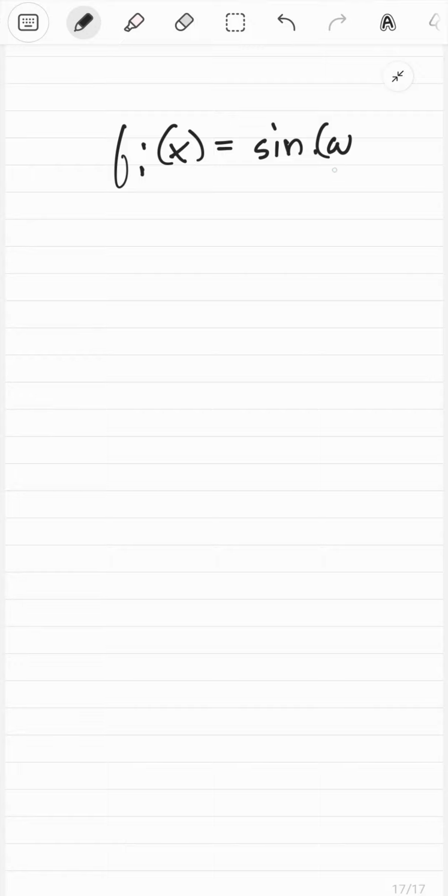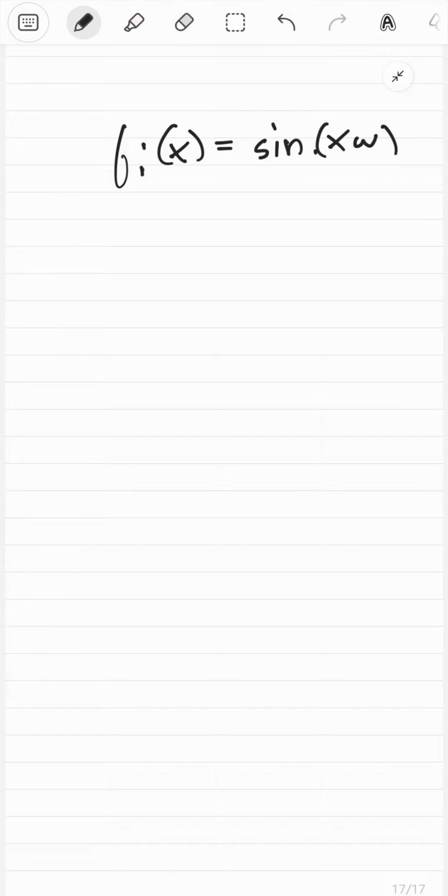If it is a single variable input, it's just omega x, but essentially it should be omega vector and then x vector. So I should say x matrix, or in this particular case it should be something like x omega.